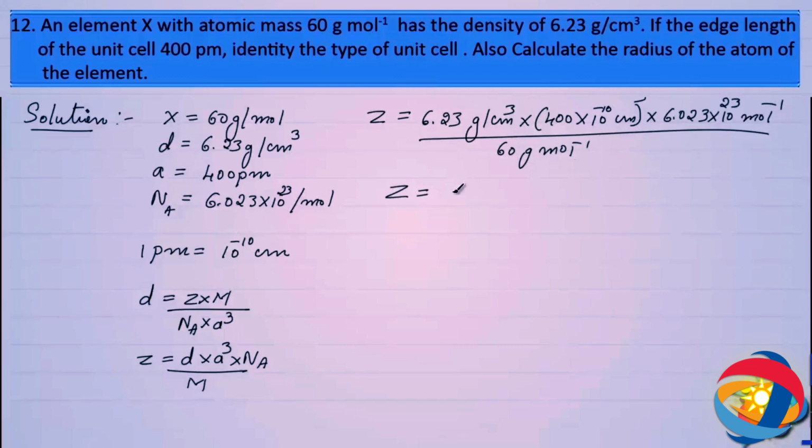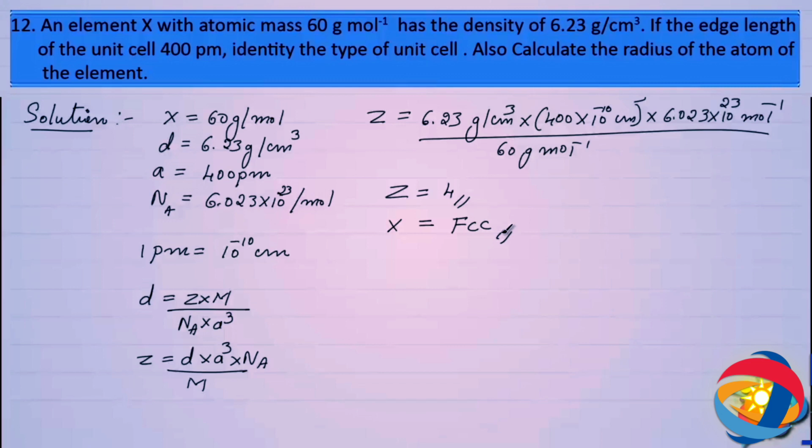After simplification, we get the value of Z as 4. If the number of atoms per unit cell is 4, then the element X has FCC arrangement, that is face-centered cubic unit cell arrangement. But the question doesn't end here.